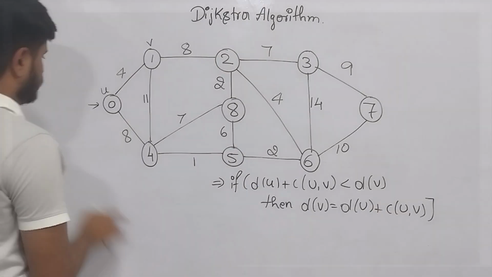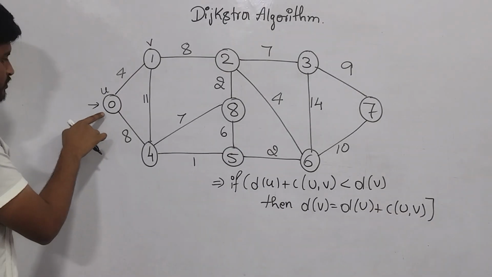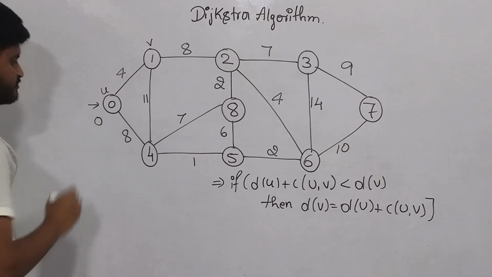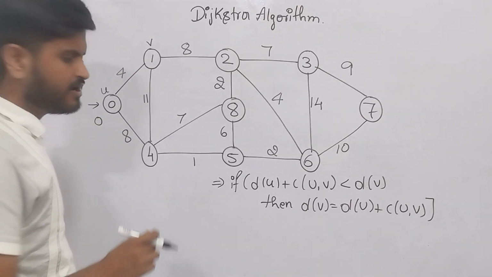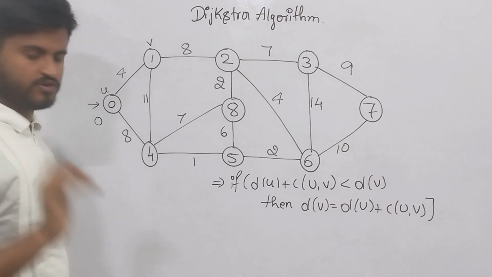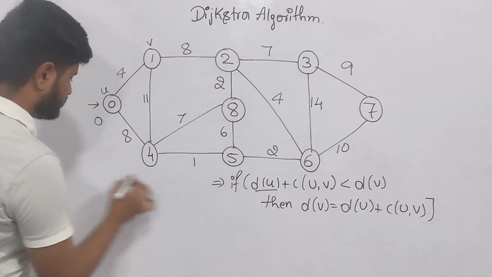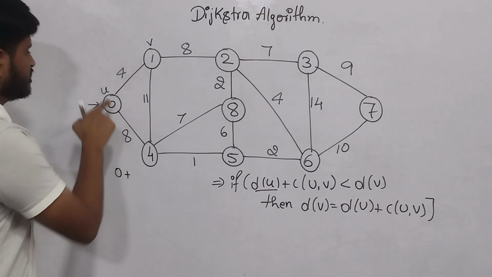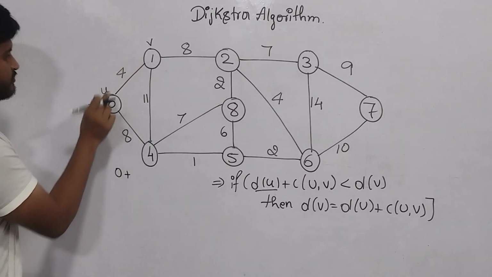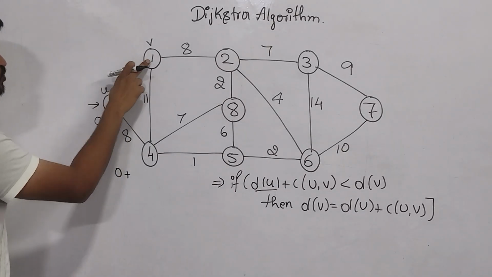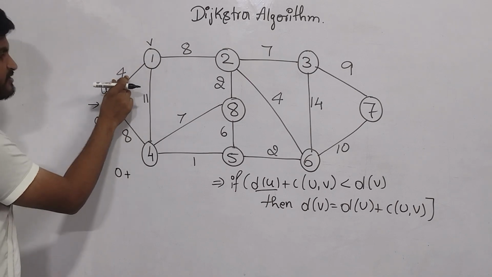So d of u, since this is the source node, its distance will be equal to 0. Now d of u value is 0 plus cost of u comma v. Moving from 0 to 1, cost of u comma v is 4.